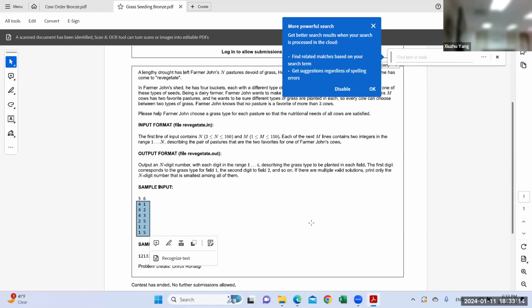I will need to make sure cow 1 and then cow 2 here will not equal the same thing. They cannot. If they equal the same thing, that means they're not healthy, because they will only eat the pastures from this tree, right?